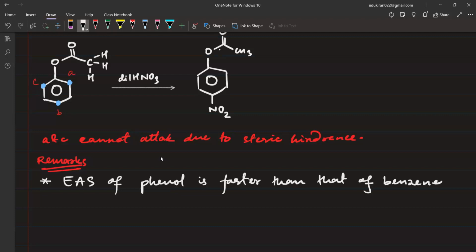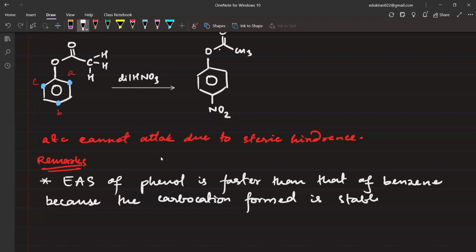It's faster than that of benzene because the carbocation form is stabilized by the electron donating group OH by plus M effect.